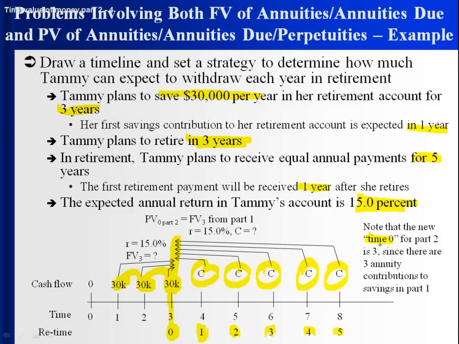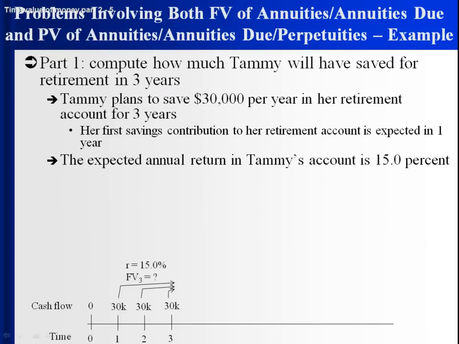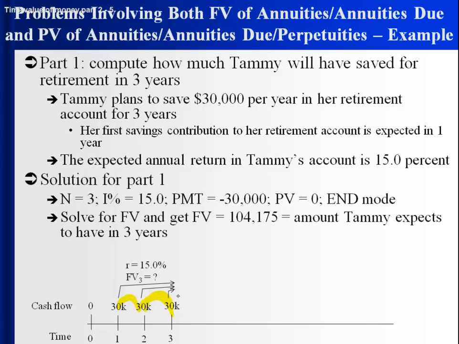And again, the new time zero is 3 since there's 3 payments. So again, 30 times 1.15 squared plus 30 times 1.15 plus 30. That's 3 contributions into the account of 30, starting in one period.